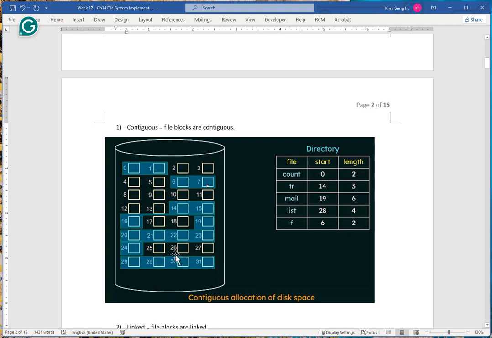So like another one, the mail file that starts at 19 and ends at 24, what if after you read it, you added a lot of stuff, and so you need 4 more blocks when you're saving it, but there's only 3, and so you can't do it anymore. So reading is quick and easy and brief, but the writing is really the culprit.